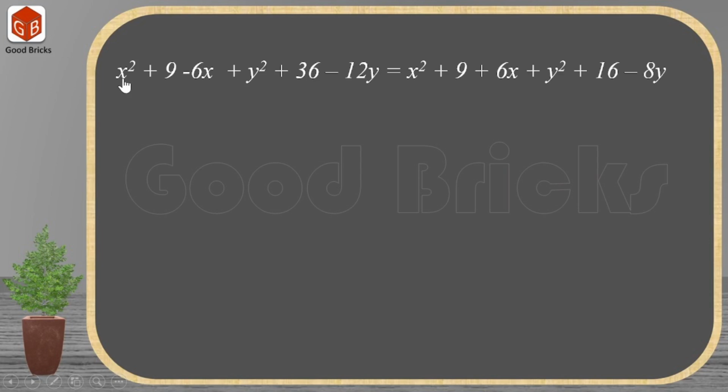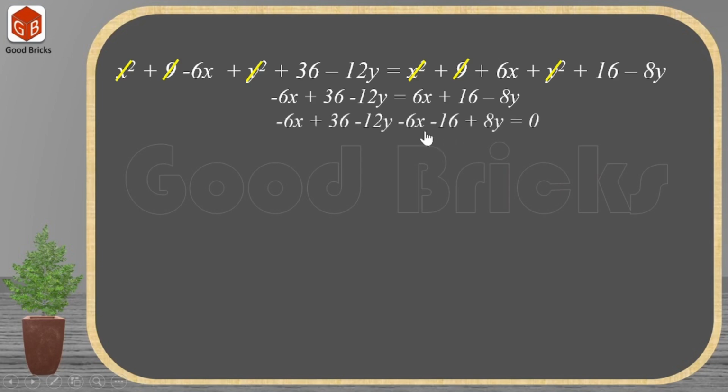We can cancel x square here and here because on both sides we have plus x square. Similarly, y square also we can cancel, and plus 9 and plus 9 we can cancel on both sides of this equal to symbol. Now we are left with minus 6x plus 36 minus 12y. This side, 6x plus 16 minus 8y. When you take these right side terms towards the left, you can change the symbol and write.